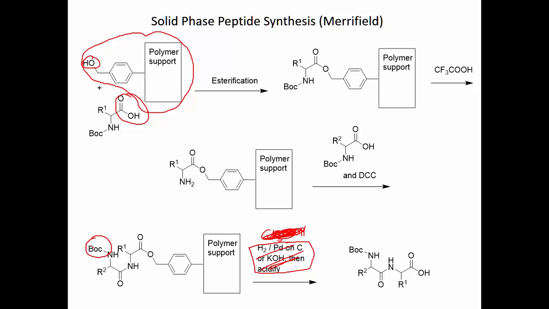Okay, so this has turned out to be a totally automated process, and because the purification steps are merely washing and filtering, there really is very minimal material loss in each step.